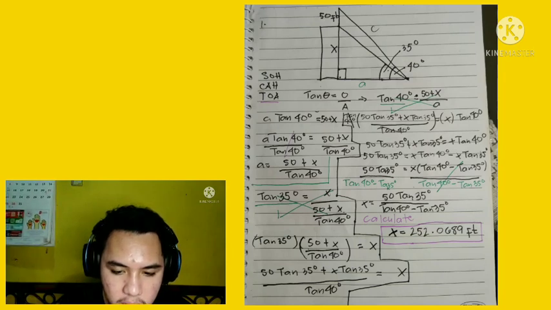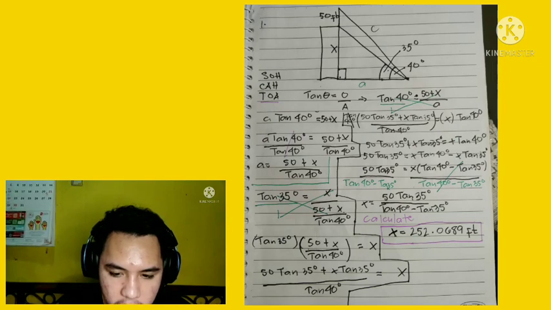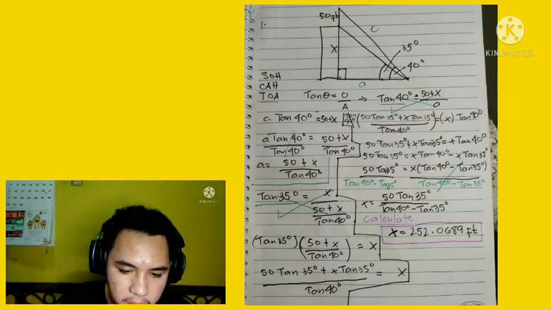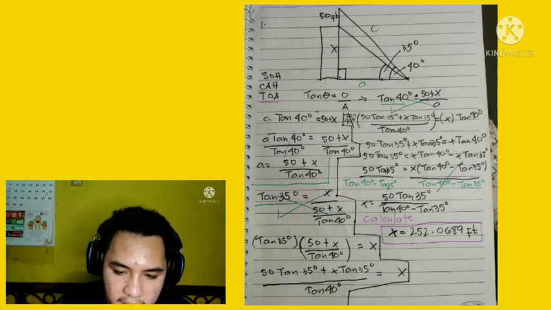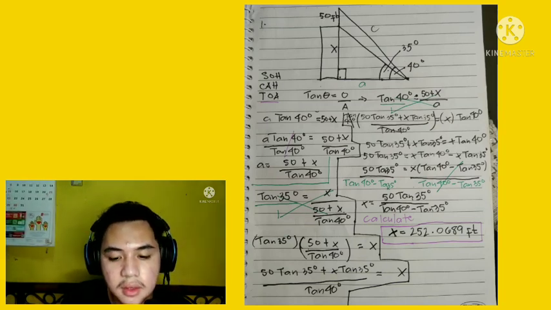So now we can solve this by multiplying both sides by tangent 40 degrees. So we can cancel the denominator here, and now we will get 50 tangent 35 degrees plus x tangent 35 degrees equals x tangent 40 degrees.